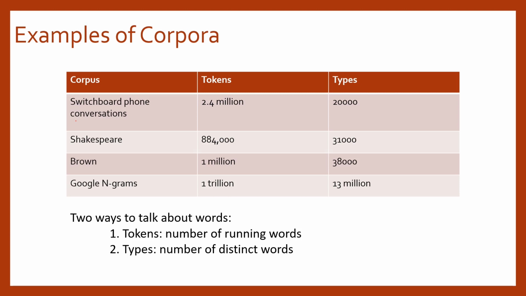If a particular word appears 2 times or 3 times, then while looking at tokens, it will be counted 2 or 3 times, depending on how many times that word has appeared. But while counting as a word type, it will be counted as just one.